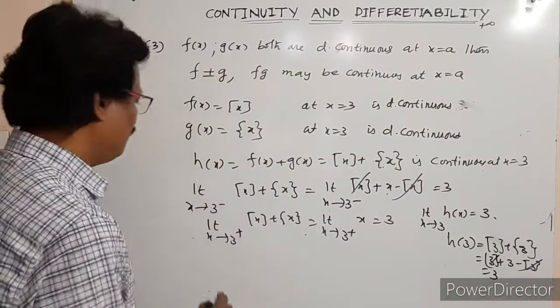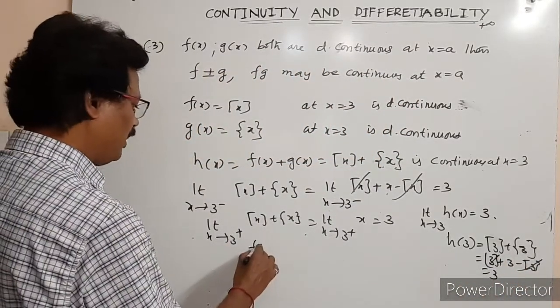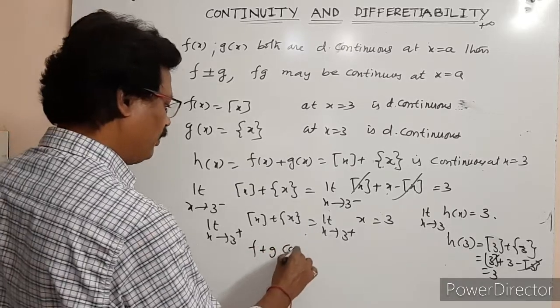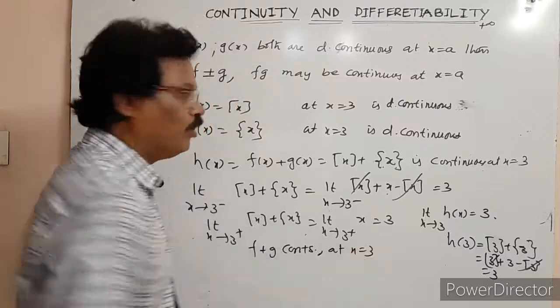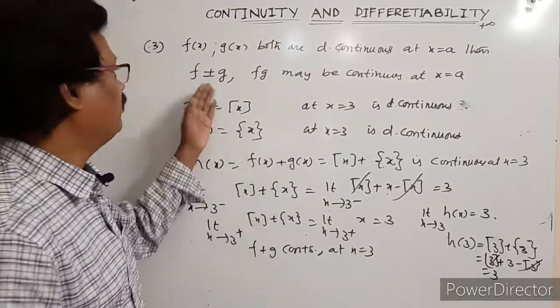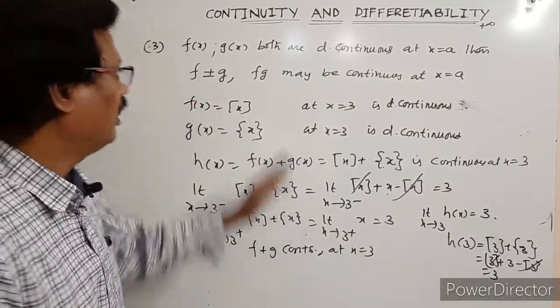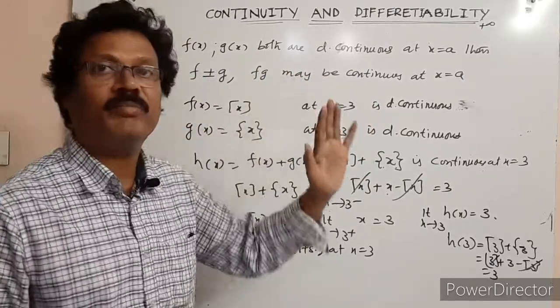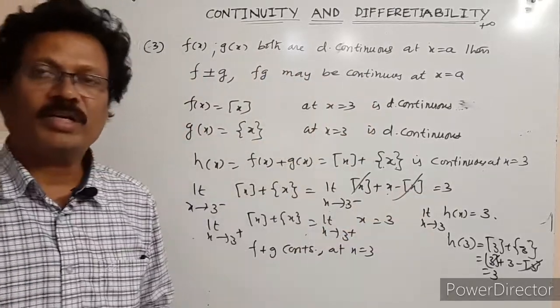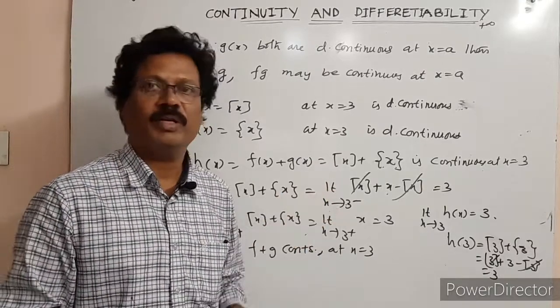Therefore, it is continuous. Therefore, f plus g is continuous at x equal to 3. Both are discontinuous, the sum or difference may be continuous and the product also may be continuous. Not must be continuous; may be, may not be.